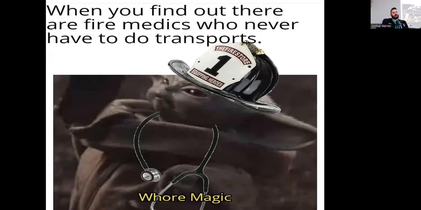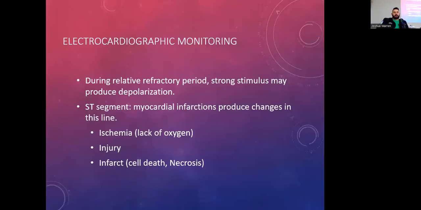No outside stimuli can cause a secondary impulse to be generated. All right, what about the relative refractory period? Very much so. Absolute means no go. Relative means a good enough hit at the right time could cause it. So during the relative refractory period, strong stimuli could produce a depolarization.